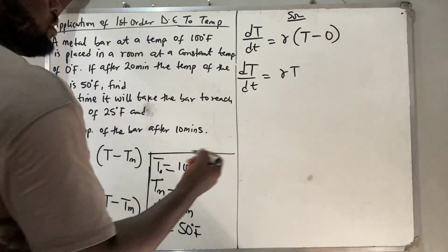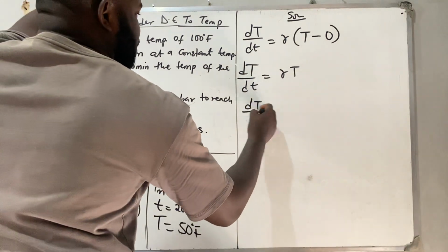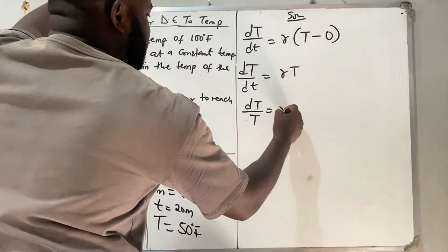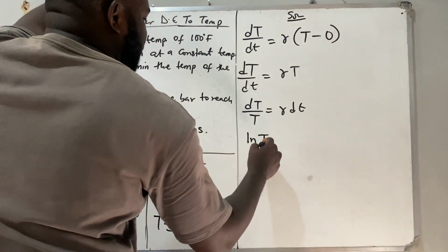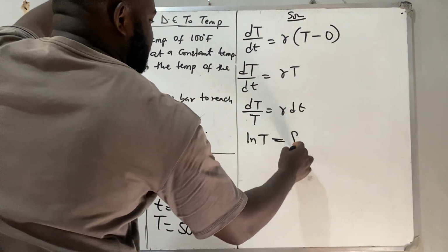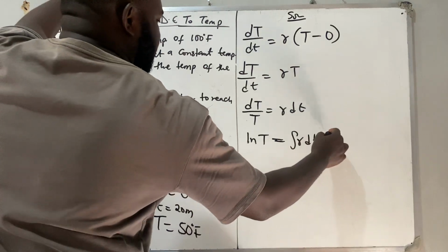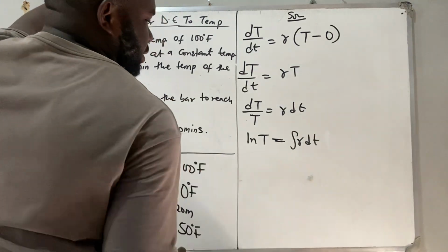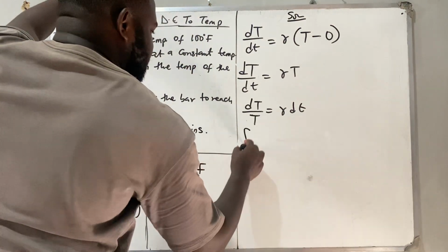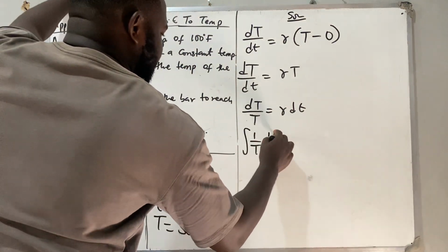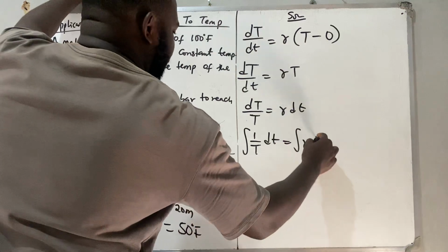This is separable. Since it's separable, I have dT/T equal to r dt. If I integrate both sides, the integral of 1 over T dT is equal to the integral of r dt.